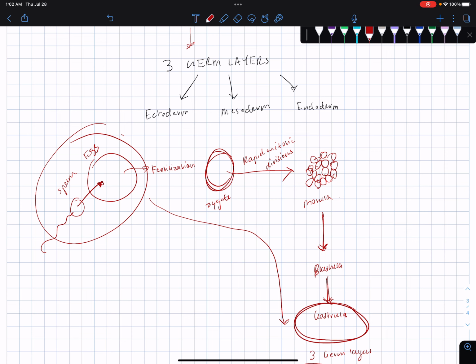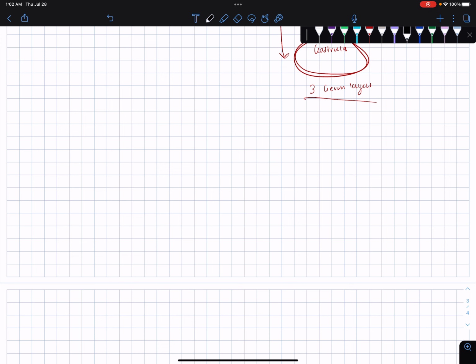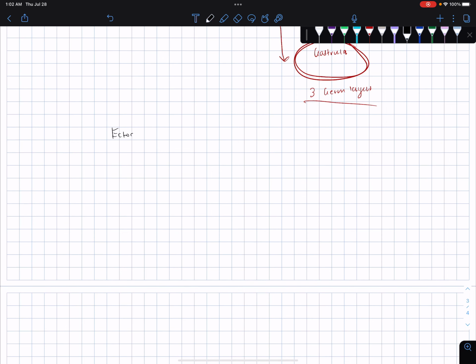So let's talk about which is which, and we'll also go over some easy ways to remember them. Let's start off with ectoderm. When you see the word ecto, you should be thinking of outside. It kind of sounds like exoskeleton, it kind of gives that vibe.